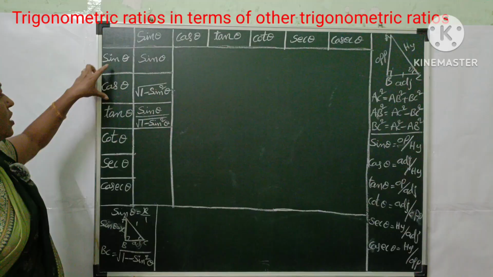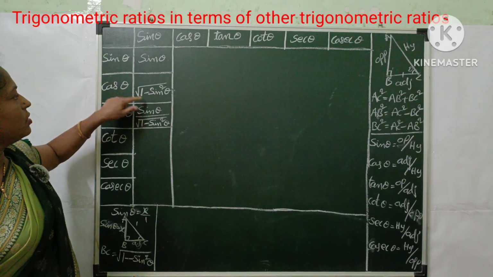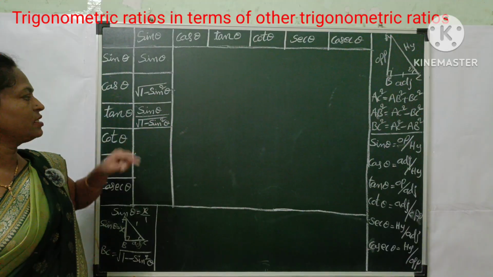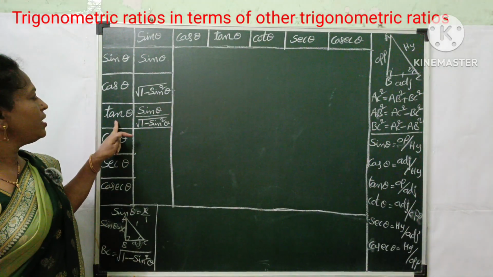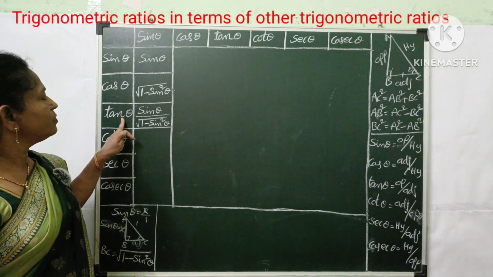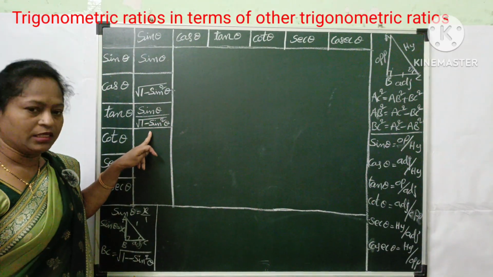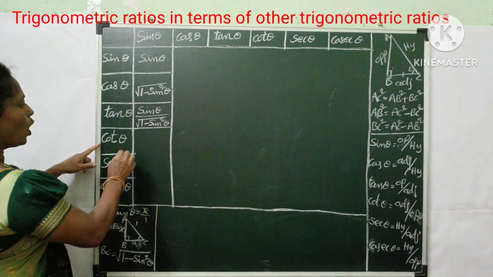So tan theta is sine theta by the square root of 1 minus sine square theta. Here also tan theta means sine by cos, where sine is sine theta and cos is the square root of 1 minus sine square theta.